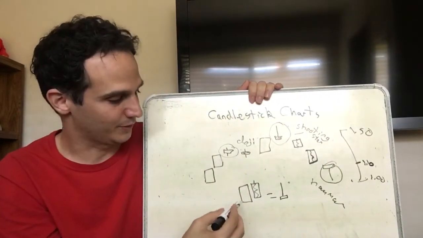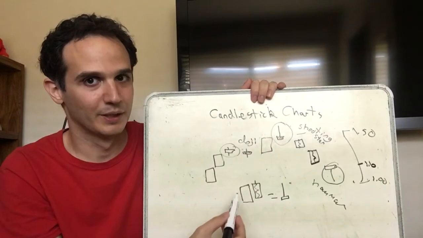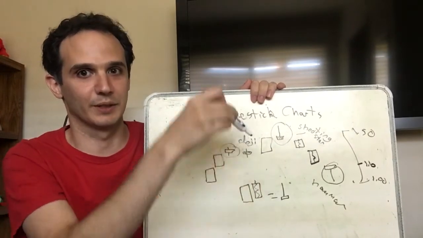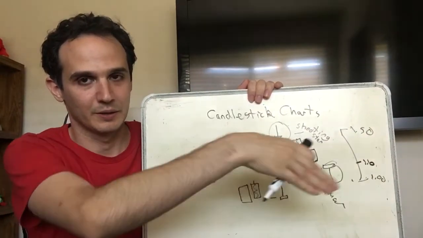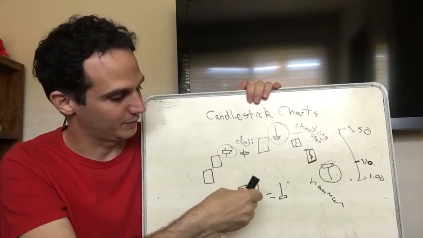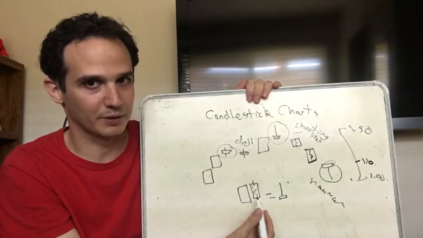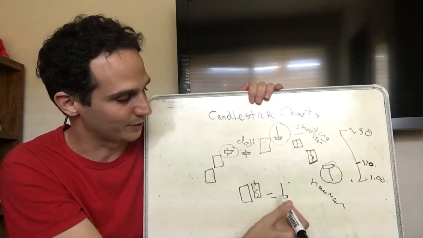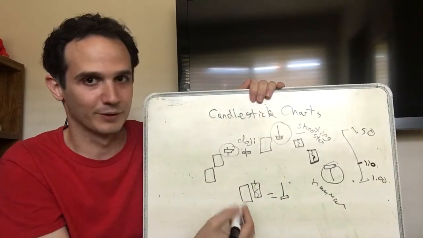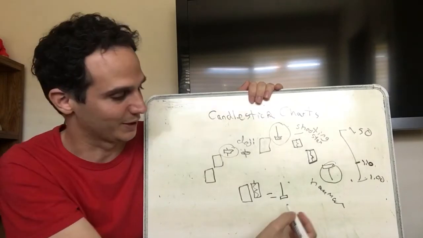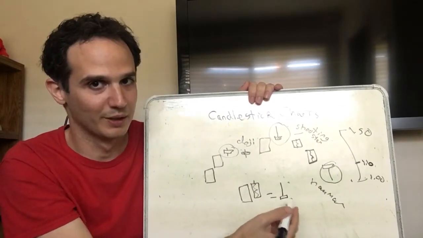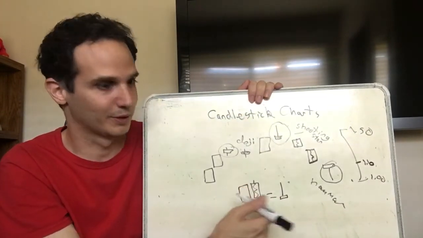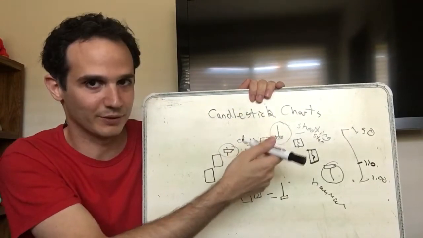So if you see something like that, and then a green candle and then the red candle, the body of the red candle takes out most of the body of the green candle, it can equal a shooting star. Because if this is a 1 minute chart and you're looking at a 2 minute chart, this would look like this, which is a shooting star.